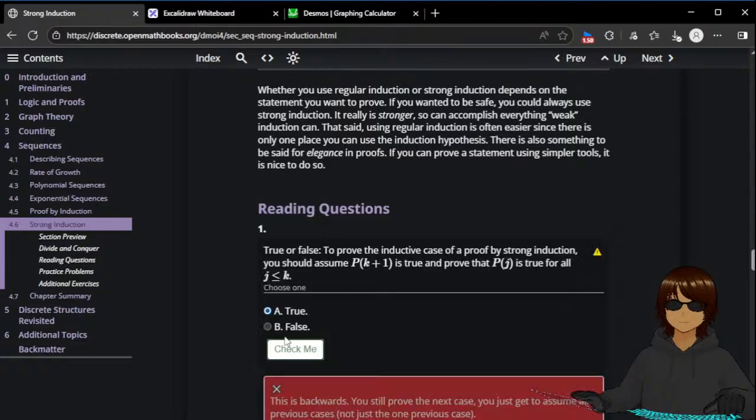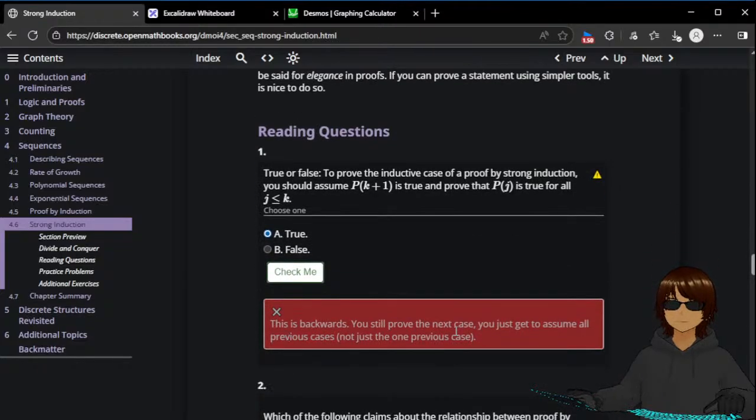True. You can still prove the next case. You just get to assume all the previous cases. Assume Pj is true for all j less than or equal to k, then prove Pk plus 1 is true. You just get to assume all previous cases are true.